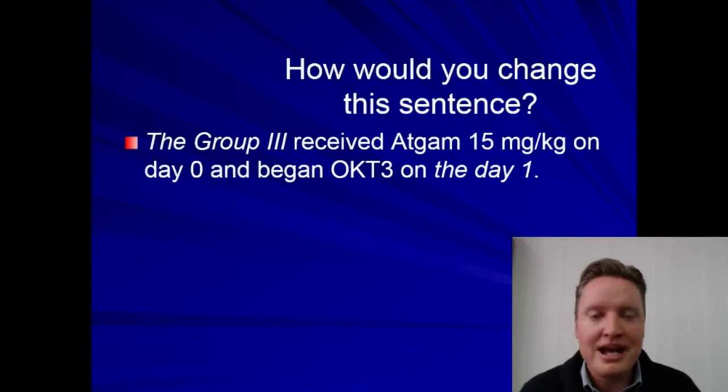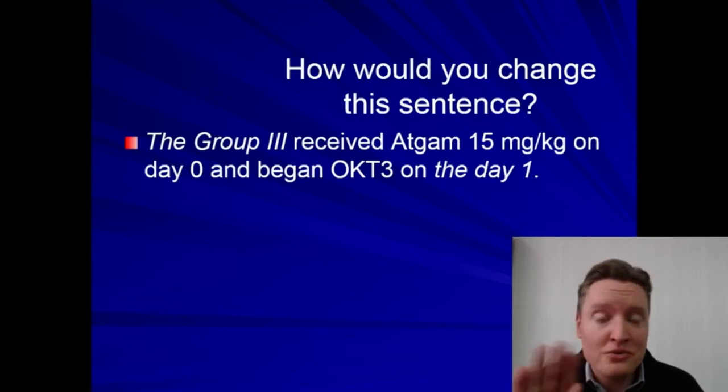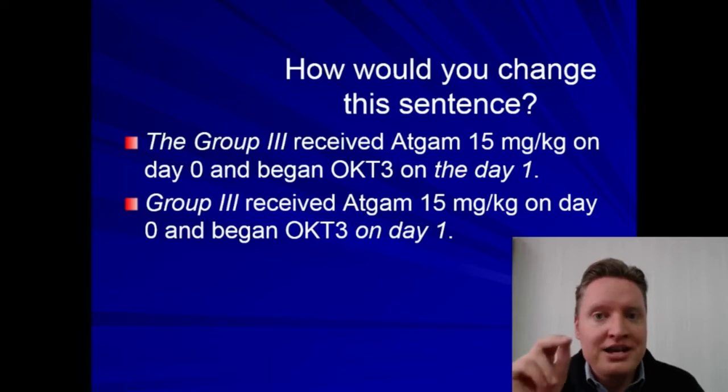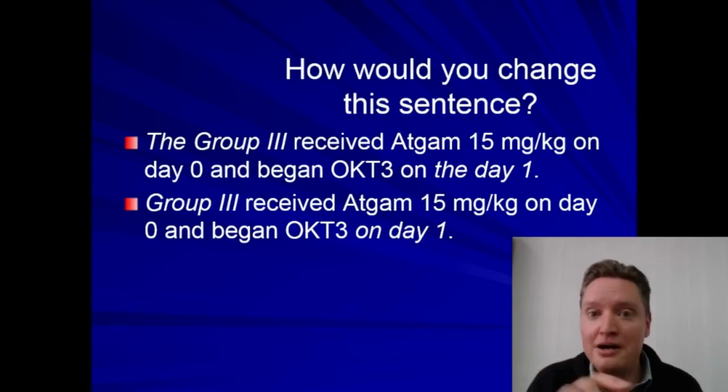No. Because the noun group is followed by a number 3, we don't need the. Just say group 3 received Atcom and began on day 1. We don't need the before day 1. Again, because it's a number, we don't need the before day either.